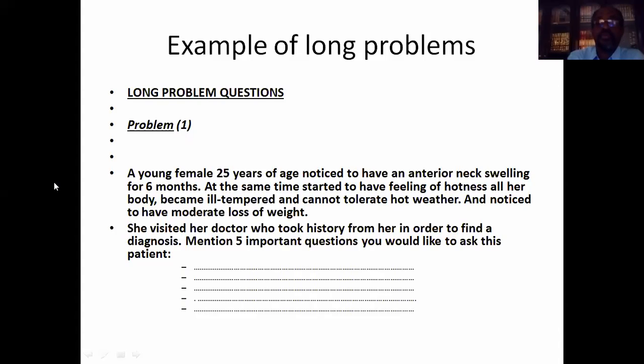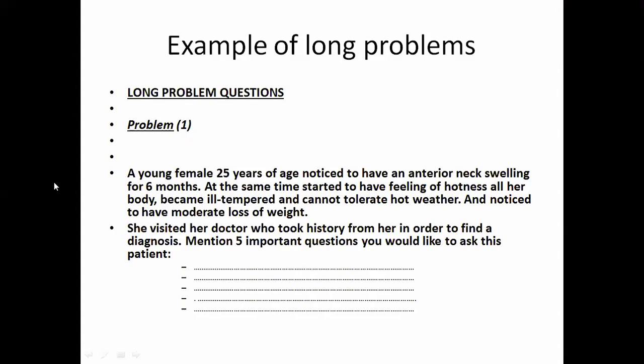Yes, this is one of the long problems. A 25-year-old female noticed an anterior neck swelling for 6 months.